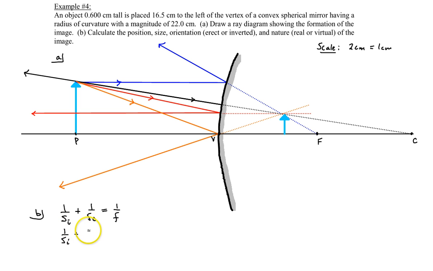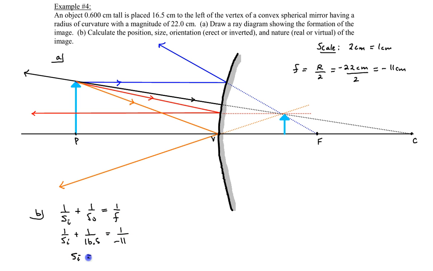The object distance was placed at 16.5 centimeters, and the focal length, if you recall, is half the radius of curvature, which is given as 22 centimeters. But be careful here: since this is a convex mirror, the focal length and radius of curvature are both negative because they fall behind the mirror. So you should put in negative 11 centimeters for the focal length.